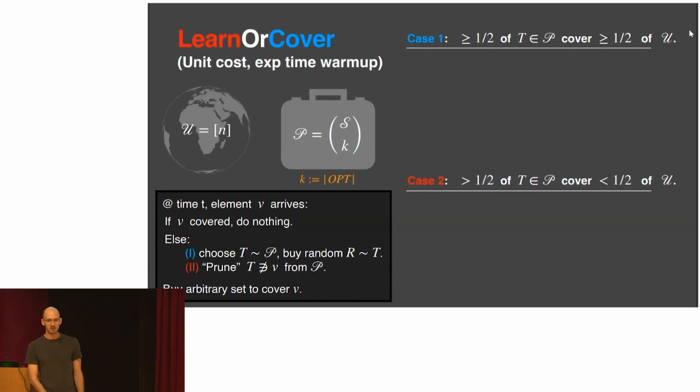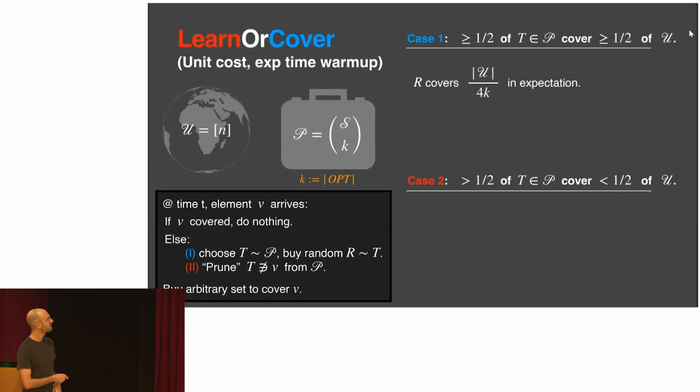The analysis fits on this page. Case 1: at least half of the T in my portfolio cover at least half of the elements. What does this mean intuitively? Most of my portfolio is decent. At least half of the candidate solutions that I'm thinking of in my head cover most of the uncovered elements. In this case, I claim that the random R that I draw covers 1/4K of the remaining U in expectation.